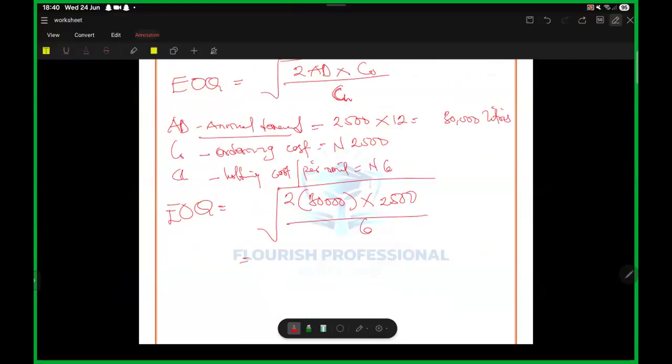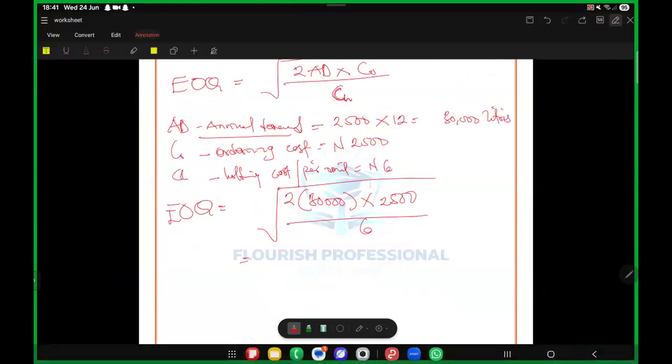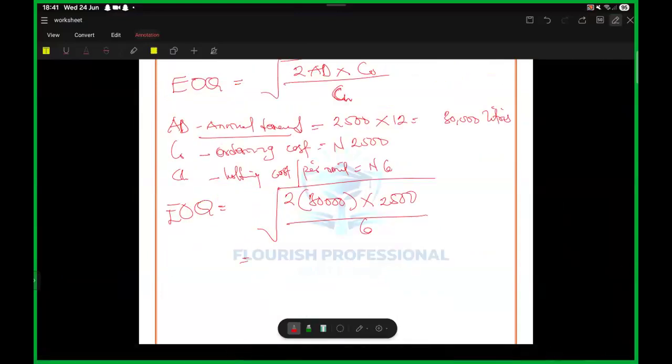Sometimes in the question, they will give you the holding cost as a percentage of the purchase price. So if they told you that the holding cost is 10% of the purchase price, that is when we will use the purchase price in computing the holding cost. But here they gave us the holding cost straight away.